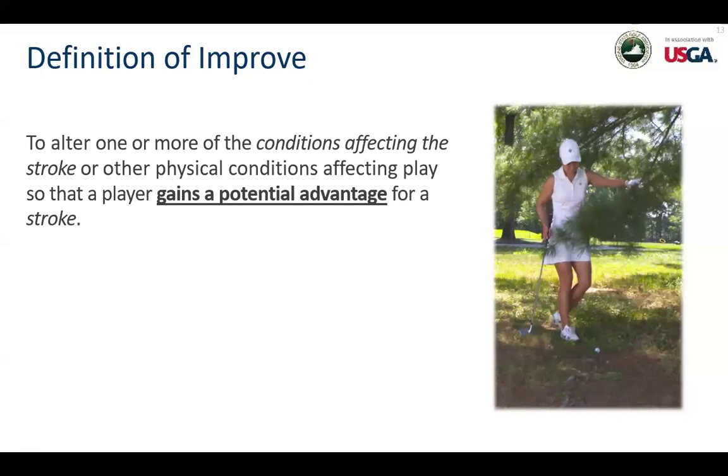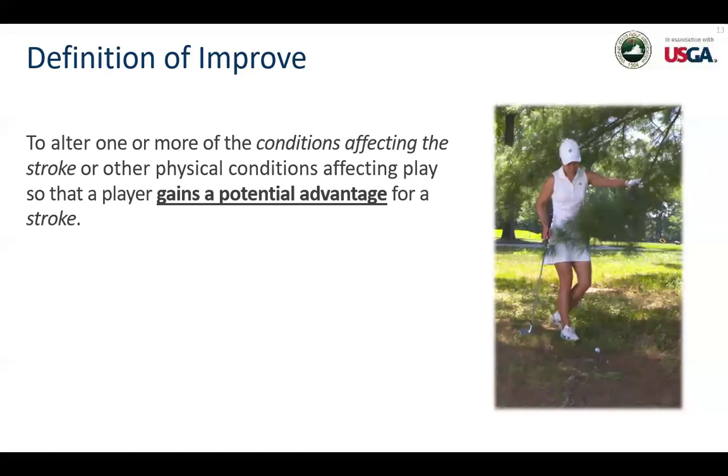So we have a ball that is close to a bunker. It's in a tough lie. We might not hit the best shot in the world. It might go in the bunker. So if you go over and rake those footprints, those would be an example of other physical conditions that you cannot improve in Rule 8.2. The other part of it is gaining a potential advantage.